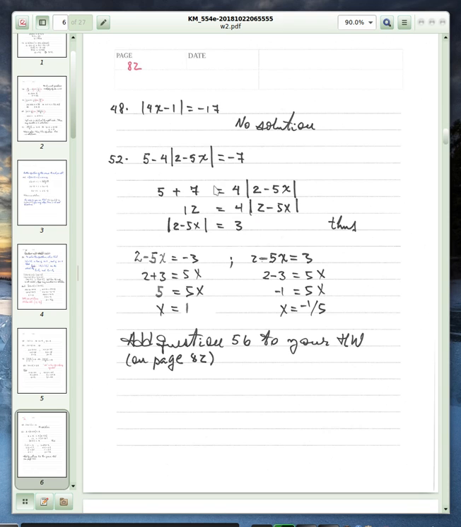So you see how the original expression is equivalent to saying that the absolute value is positive, right? And then you solve it using the approach, meaning 2 minus 5x could be negative 3 or could be 3. Solve both, and that will be your solution, the union of the two solutions.